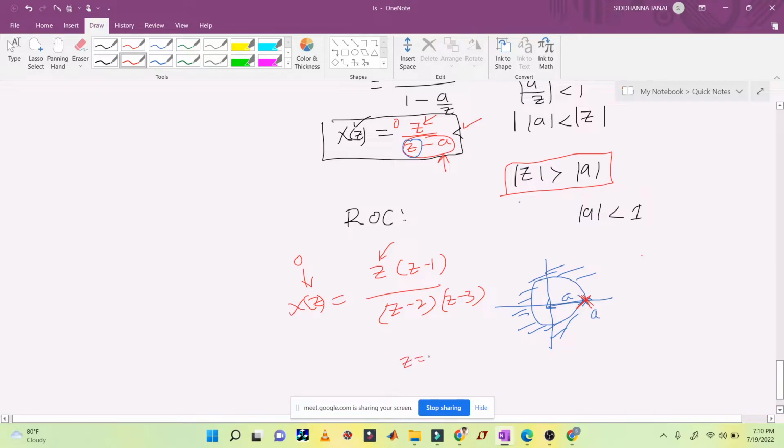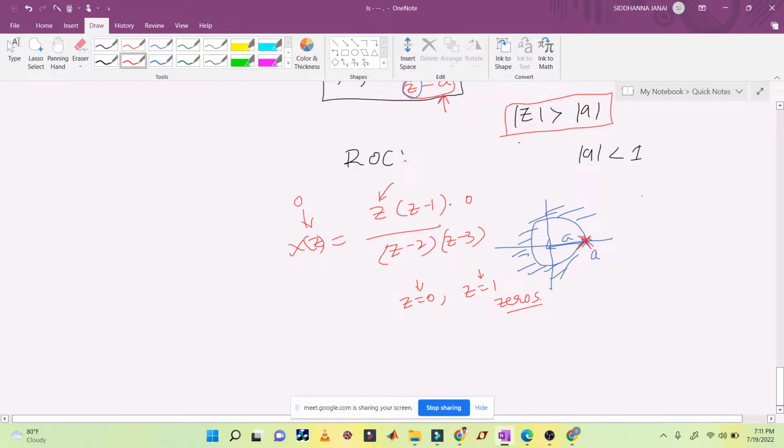Either you substitute Z is equal to 0 or you substitute Z is equal to 1. What will happen? This entire term will become 0. 0 by anything will be 0. So Z is equal to 0 and 1 are called zeros of the X of Z, or Z transform for the given sequence. I hope it's clear. Zeros.